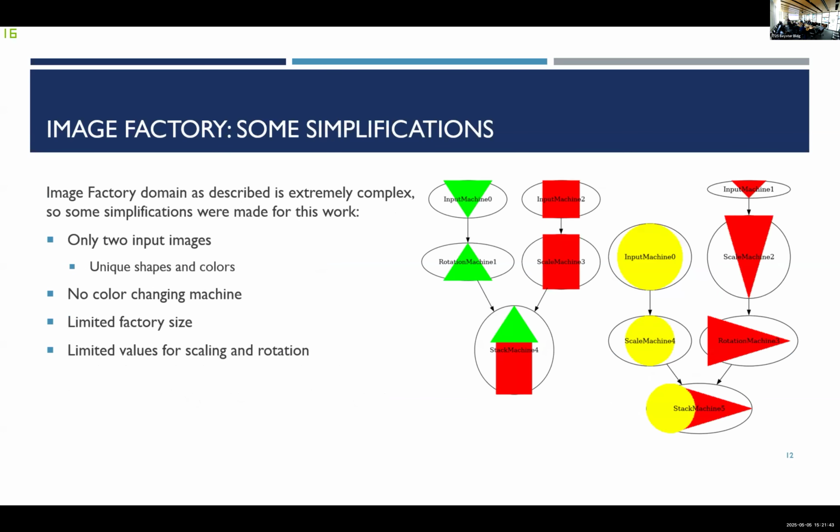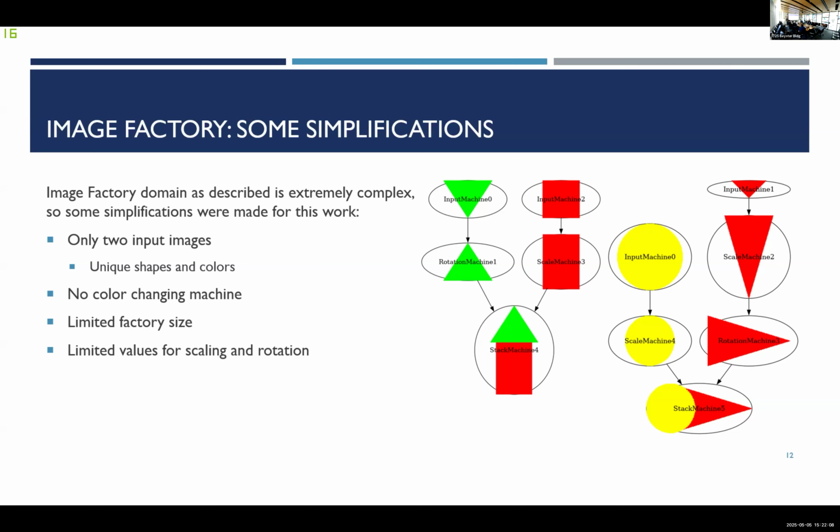There were some simplifications that I made in this work. It turns out that in the general case, the image factory domain that I just described is quite difficult, almost beyond cutting edge of computer vision right now, particularly when you have two objects of the same color that are merged. It's very difficult for algorithms to disentangle those, either traditional computer vision algorithms or deep learning algorithms.